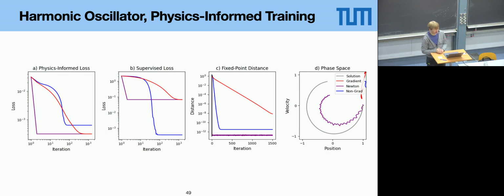The last plot on the right is the phase space, or physical space. The harmonic oscillator is basically a system that moves on circles in this phase space, and we see here three quarters of a circle. This gray curve depicts the solution. What we now do is optimize this model and loss with either a gradient method or a non-gradient method.